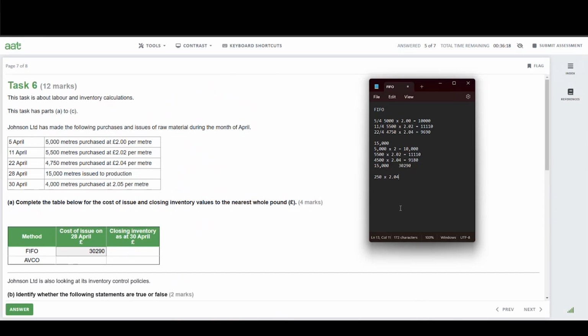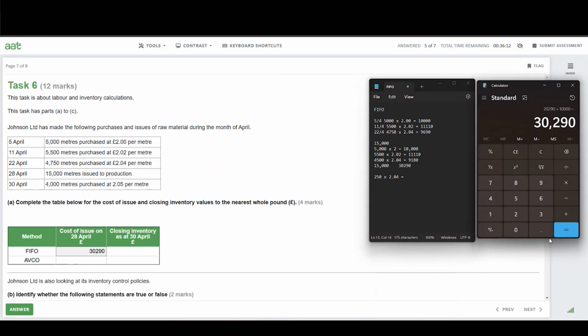So there's only 250 units left at £2.04. So that's £510.